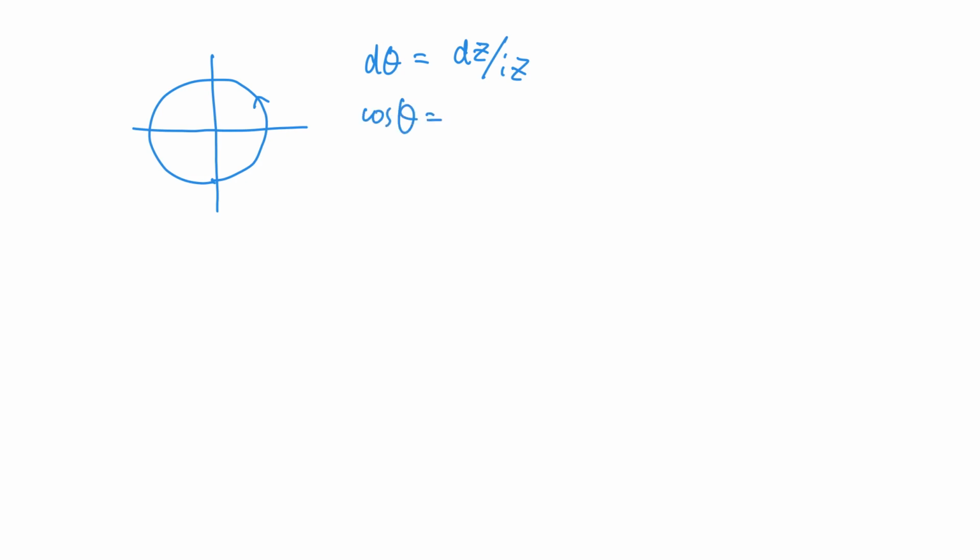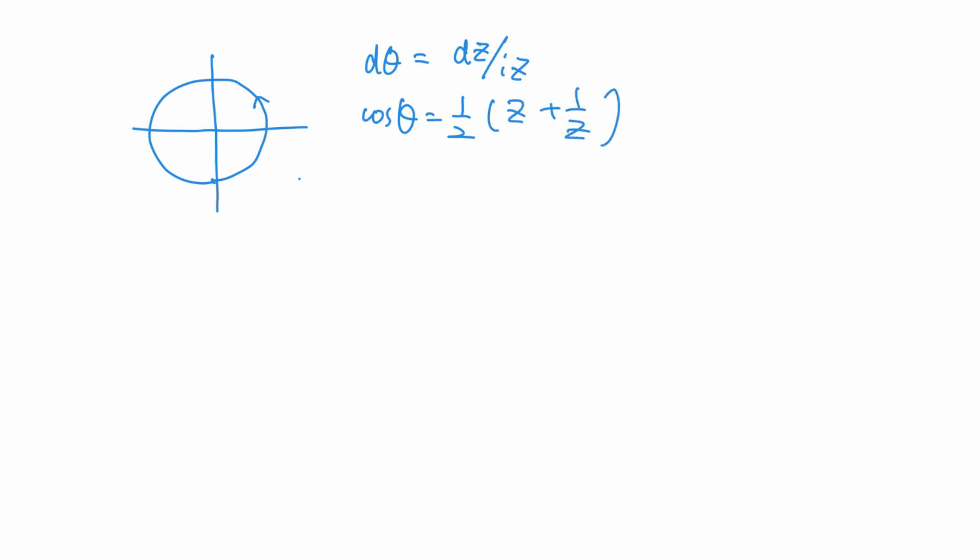So let's go back. This is a unit circle. So d theta is dz over iz. Cosine theta is 1 over 2 times z plus 1 over z.